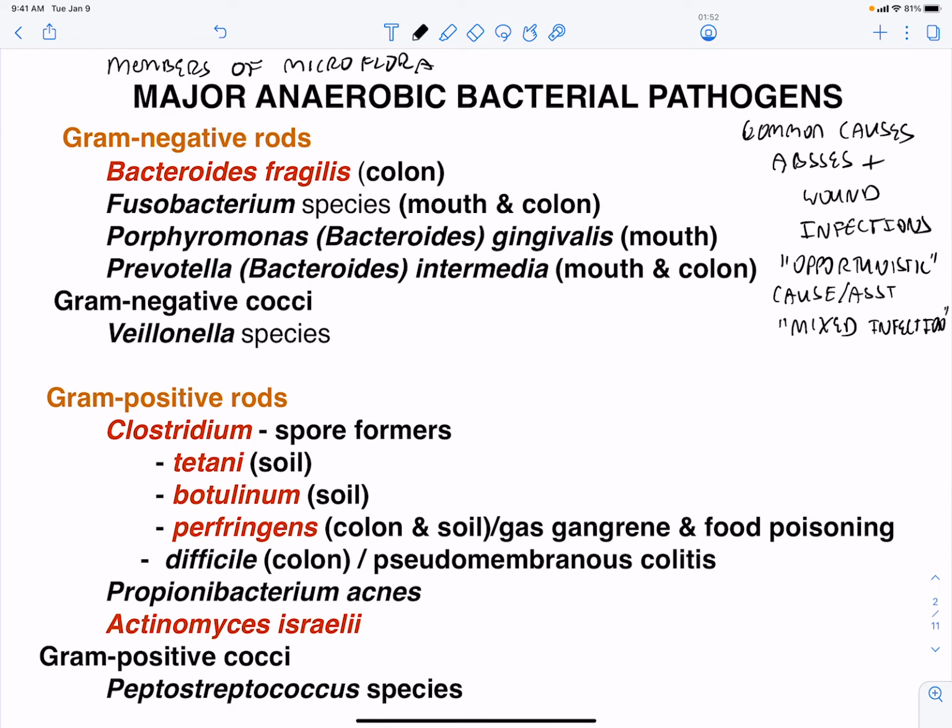Now, there are some other anaerobes that are not normal flora, and so these are going to be more of your exogenous pathogens. Our Clostridium, for example, tetani, botulinum, and perfringens are going to be exogenous pathogens.